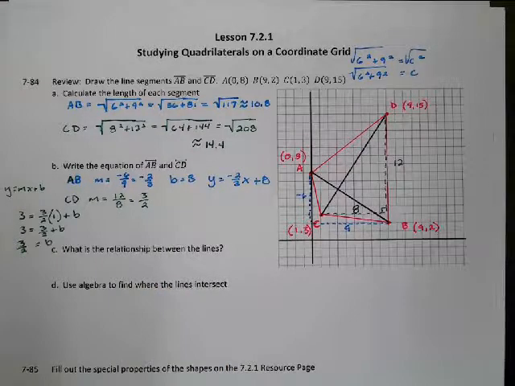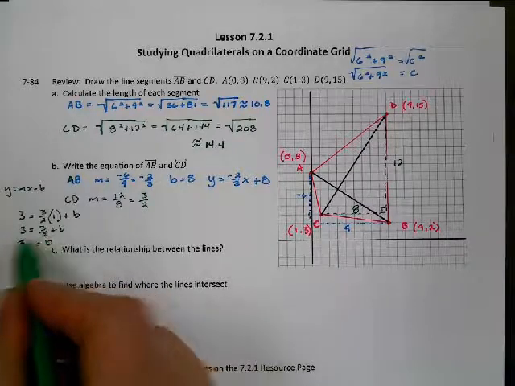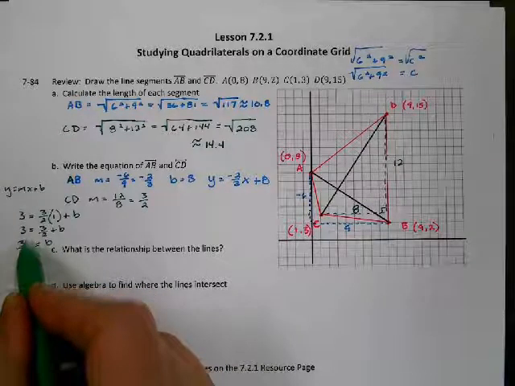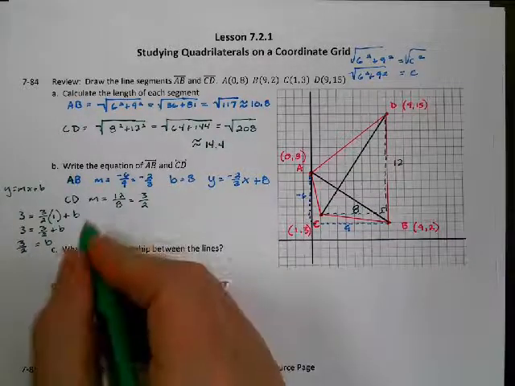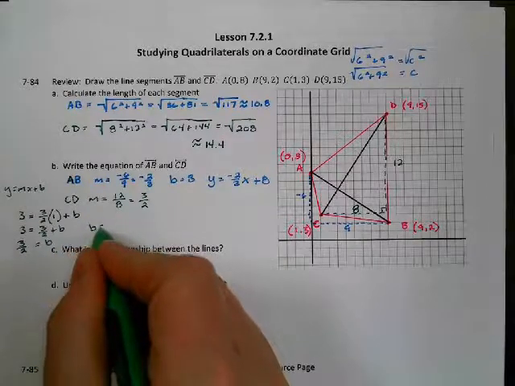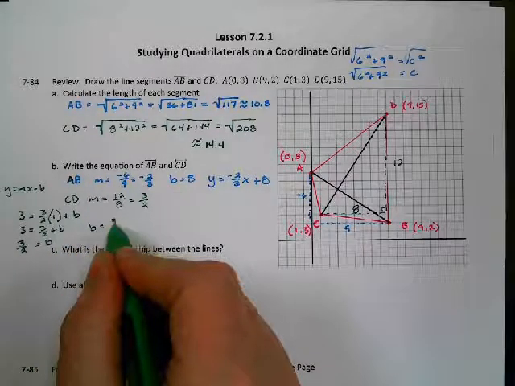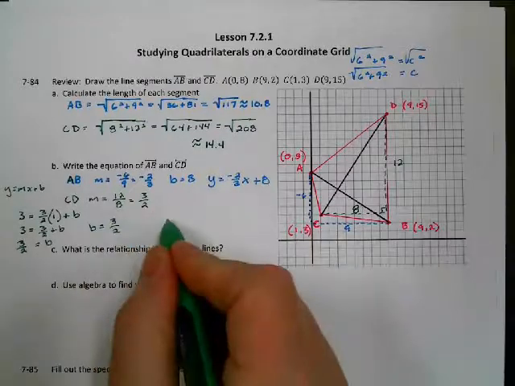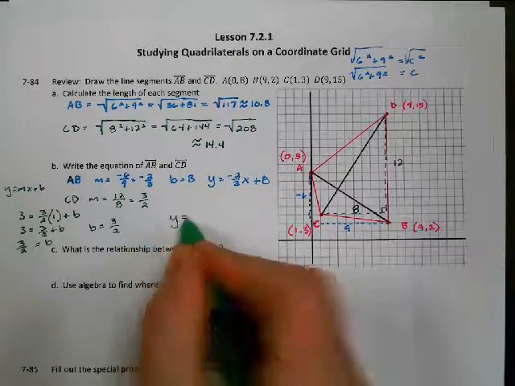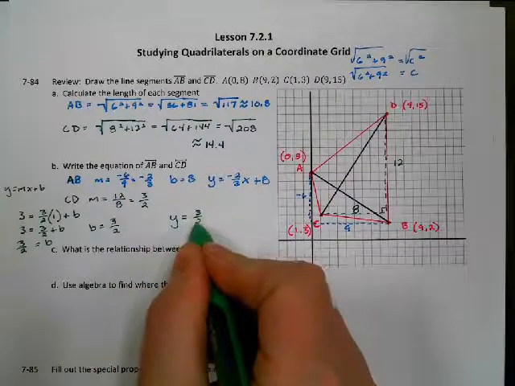I don't know how you want to do it. I usually do fractions because I like them. So my equation for this other one is y equals 3/2 x plus 3/2.